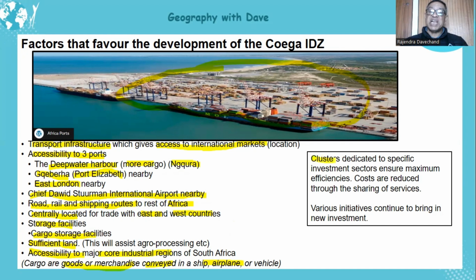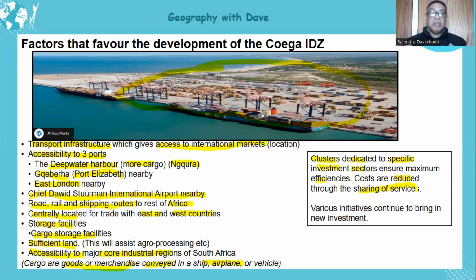They actually created clusters dedicated to specific investment sectors. And this shows maximum efficiency, costs are reduced through sharing of services. So if it's the automotive sector, they had all of them together in a cluster. So they will use more common things, in terms of building of your cars and whatever technology is needed in cars.